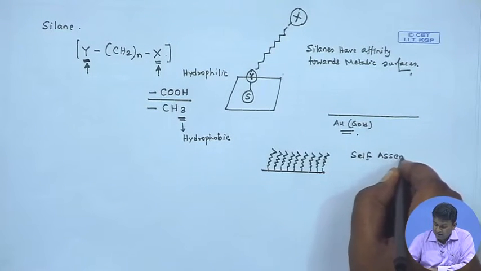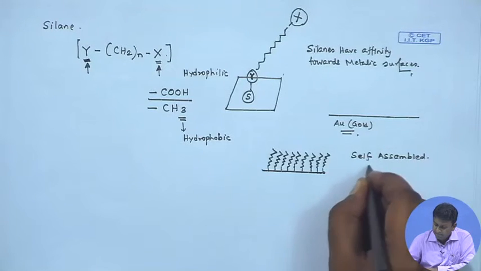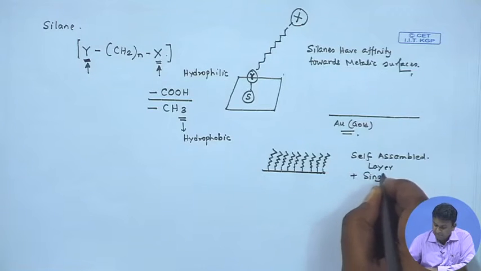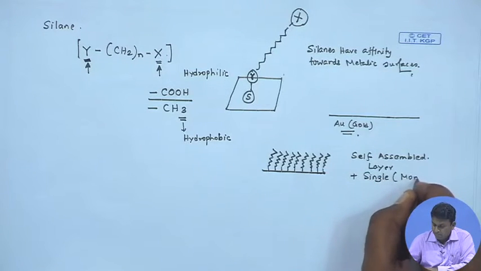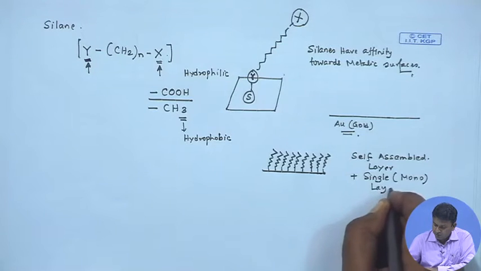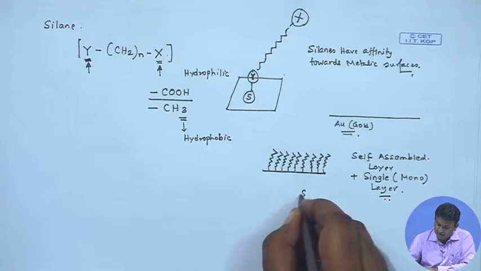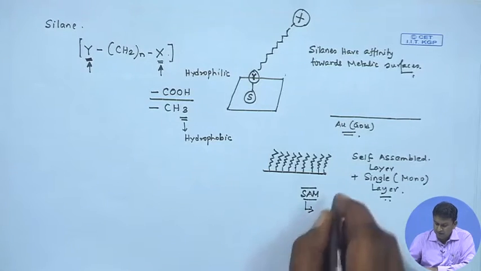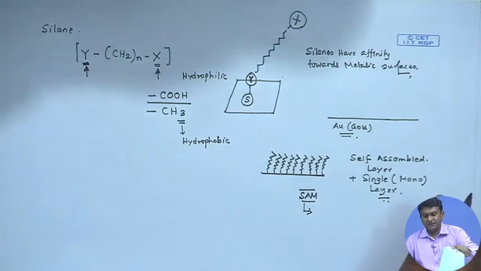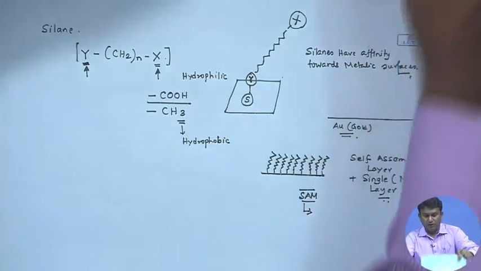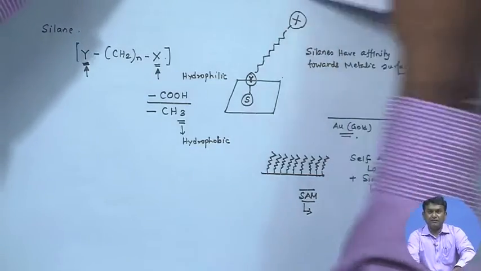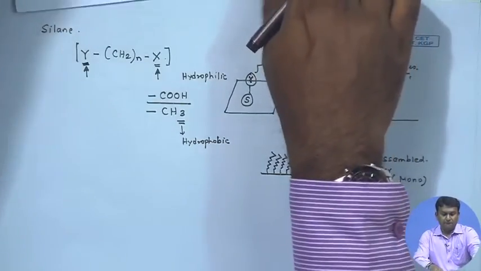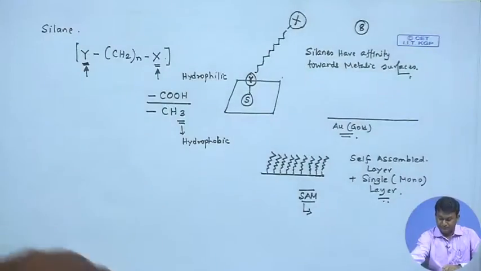So, you see it is a self assembled layer and it is a single layer. So, this type of coating is called a SAM. It is what is known as a self assembled monolayer.